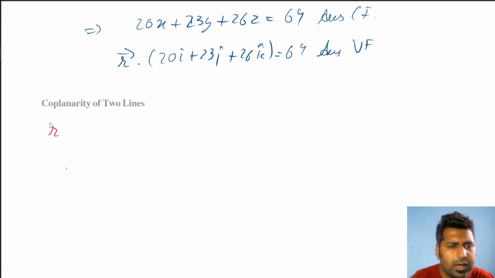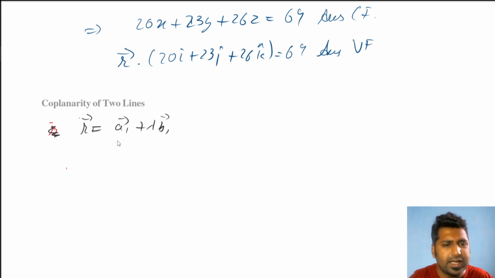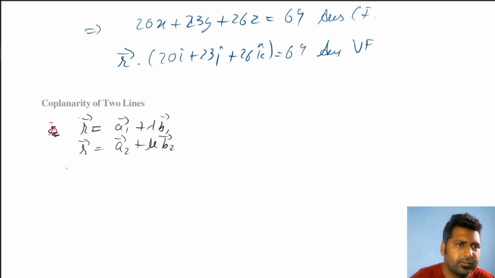Remember, r vector is equal to a1 plus lambda b1, where a is the passing point and b is the direction. And r vector is equal to a2 plus mu b2, some constant mu. This is your line 1.